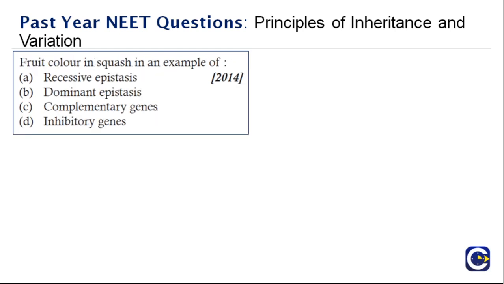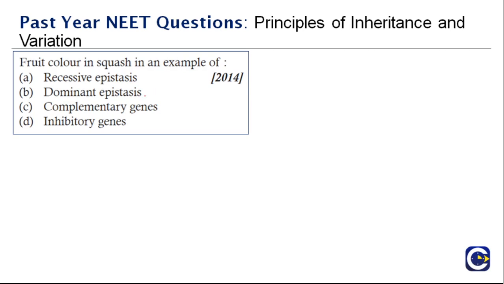Fruit color in squash is an example of, you must have studied this example. What happens in the case of fruit color in squash? When it is in the dominant state, the color is yellow, and when it is in the recessive state, the color is green. What is this mechanism?